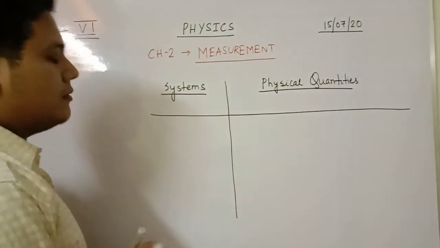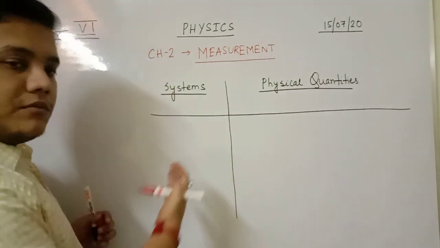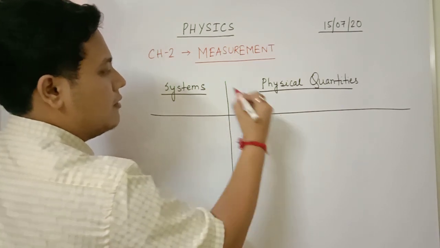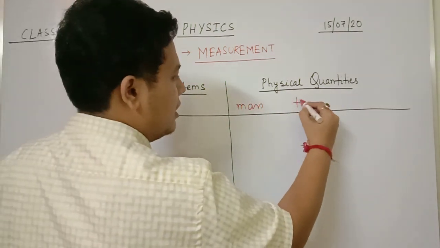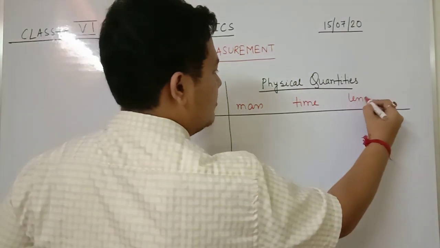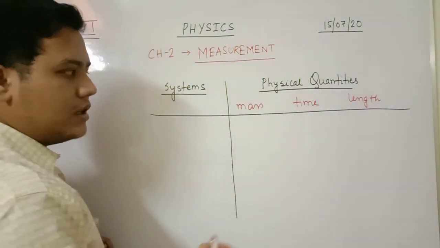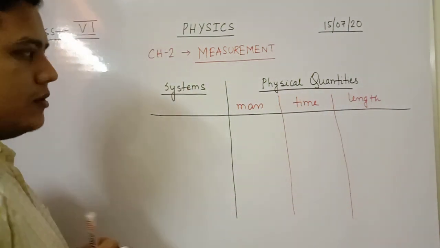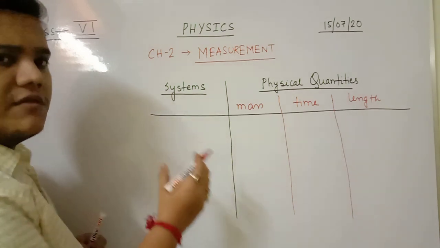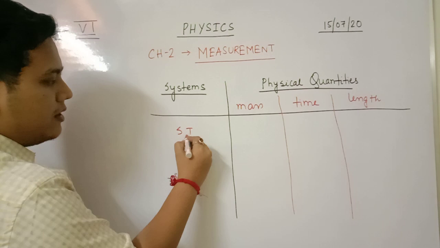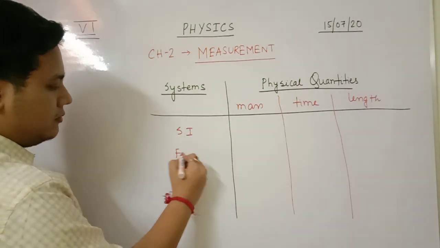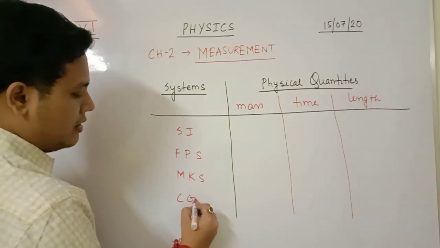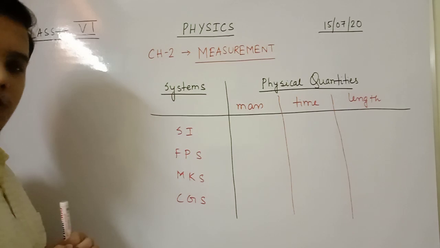Suppose I want to calculate the units of some physical quantities: mass, time, and length. These three are the physical quantities we are dealing with right now, and we also want to know the units in various systems. First we have learned SI unit, FPS unit, MKS, and CGS. So these are the four different systems we use.